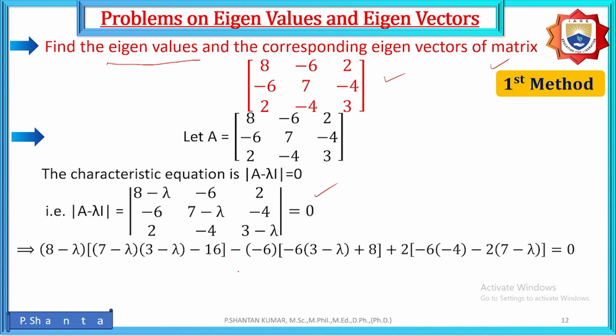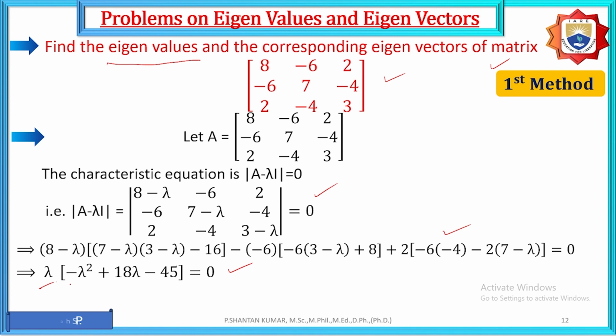By solving and simplifying, we obtain the characteristic equation. Up to here it is only the characteristic equation, but we need to find the eigenvalues by solving it. The first factor gives lambda is equal to 0.